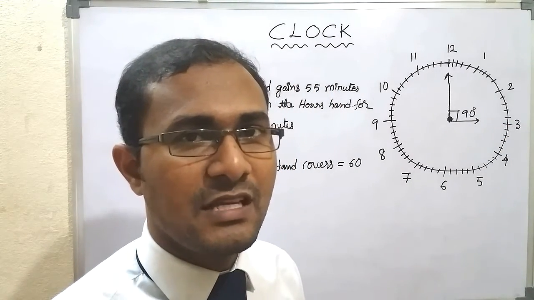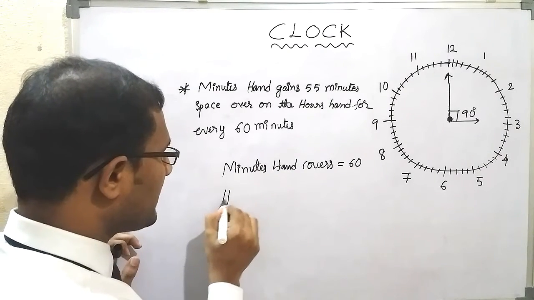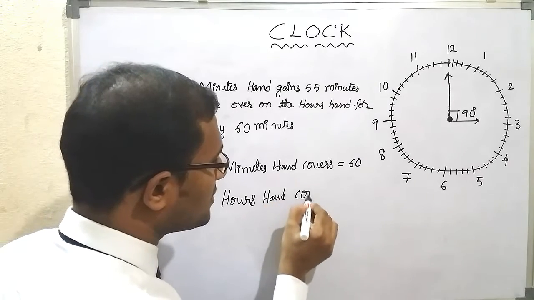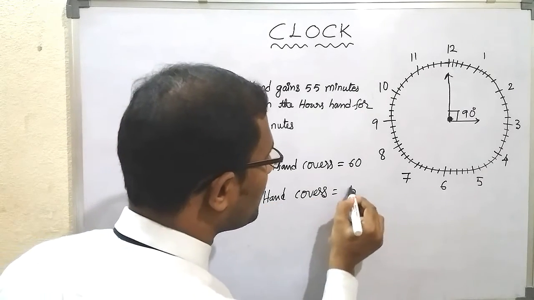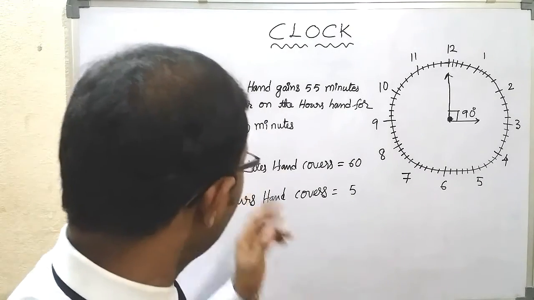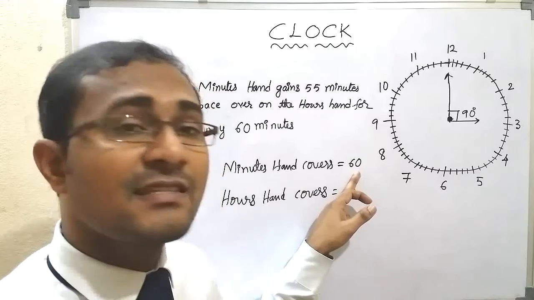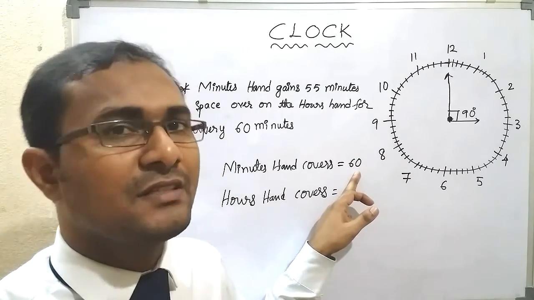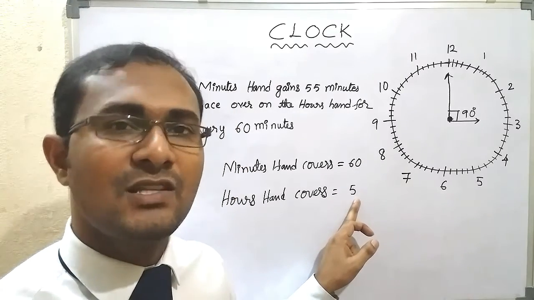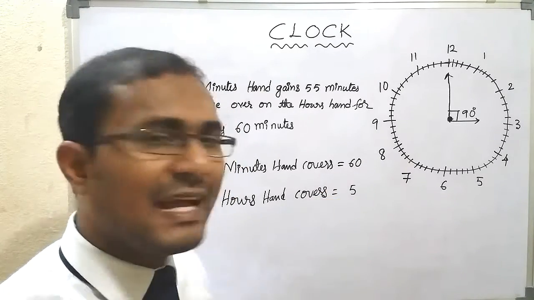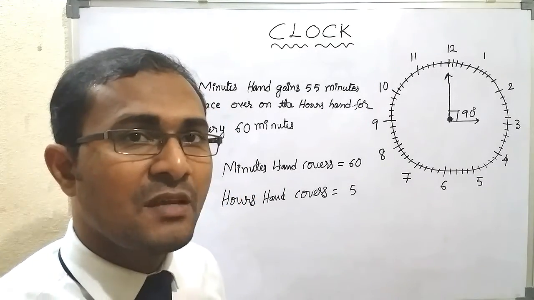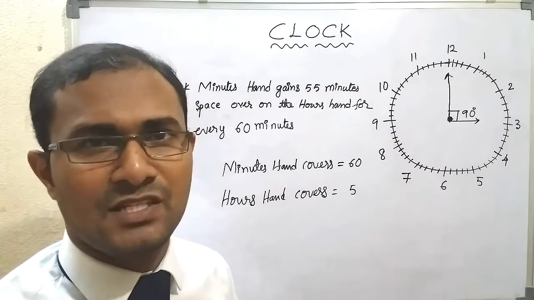Are you getting my point? So the hours hand covers 5 minutes space for every 1 hour. Now if we observe, the minutes hand is covering 60 minutes space in 1 hour, and the hours hand is covering 5 minutes space in 1 hour. So which hand is moving very quickly? I can say the minutes hand, by a difference of 55 minutes space.